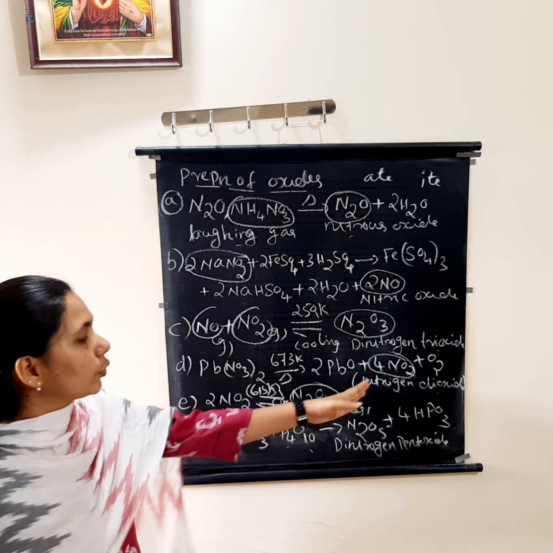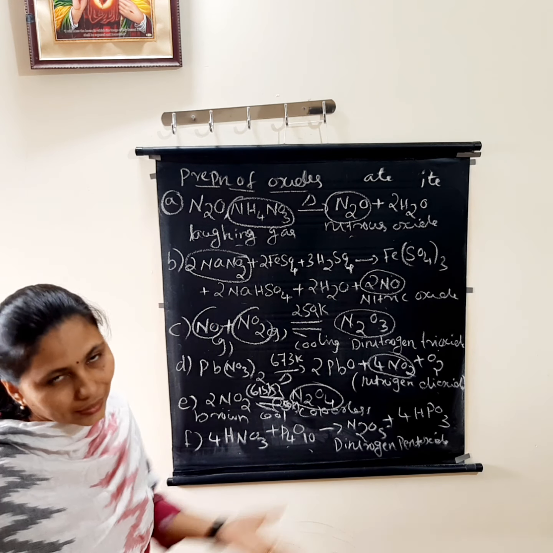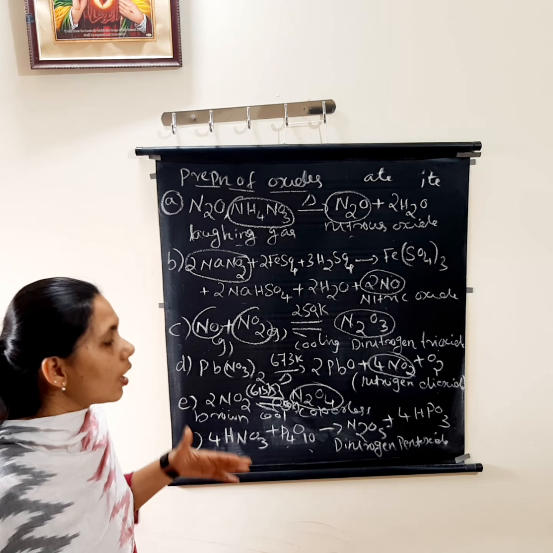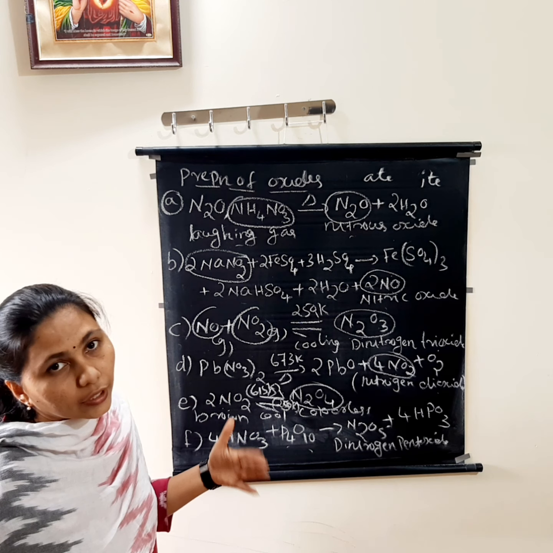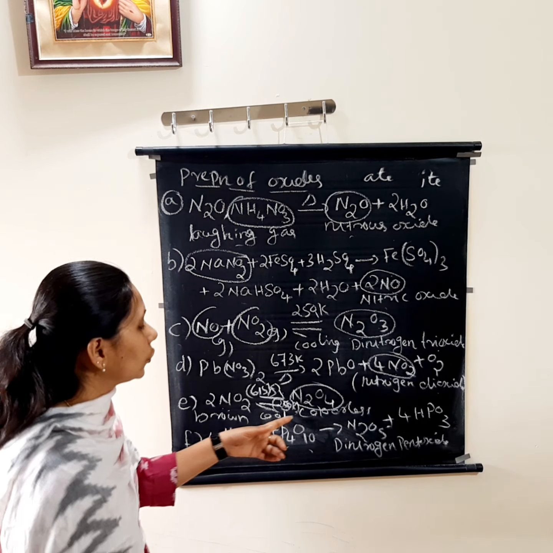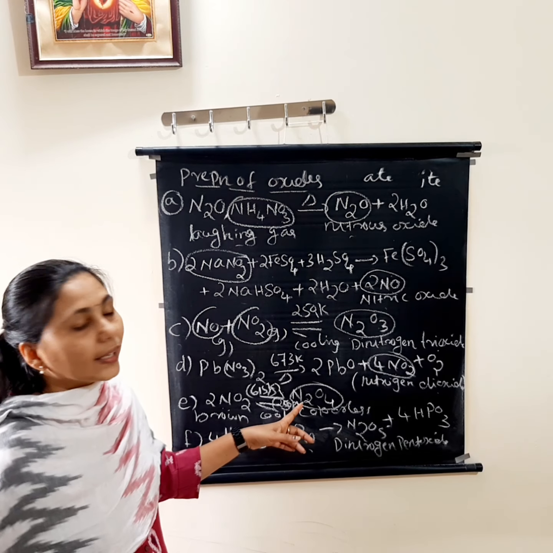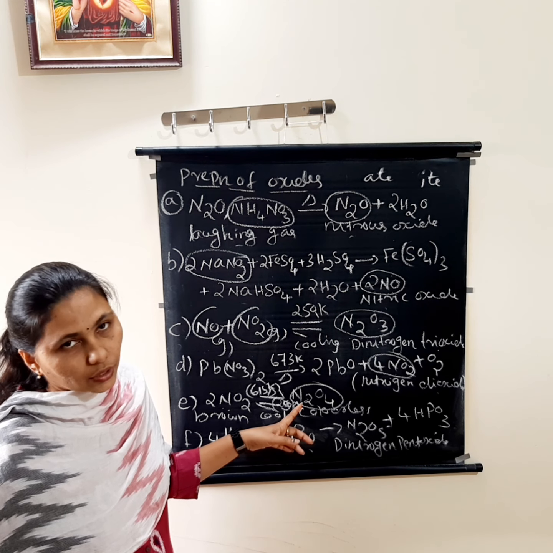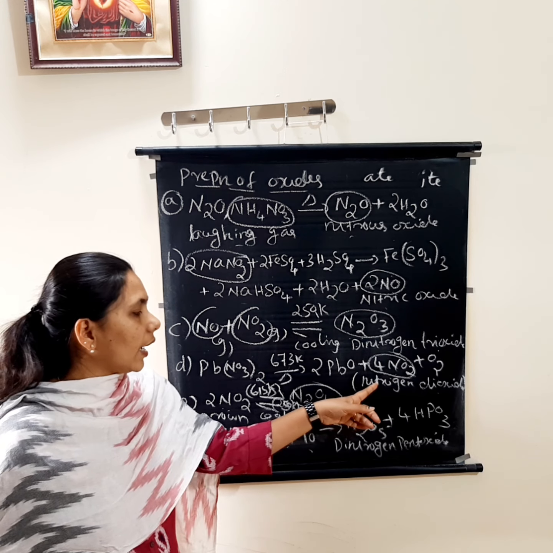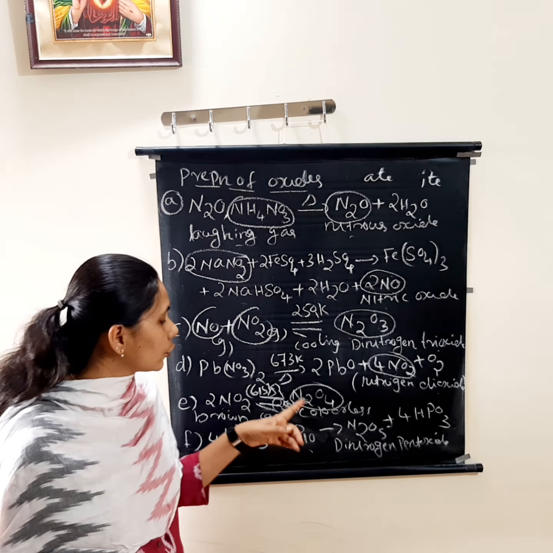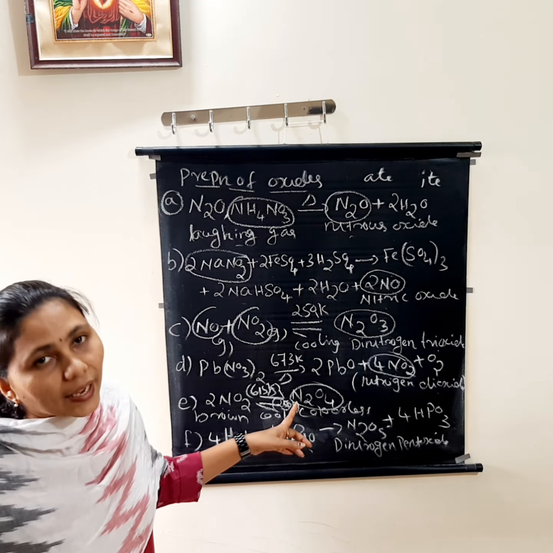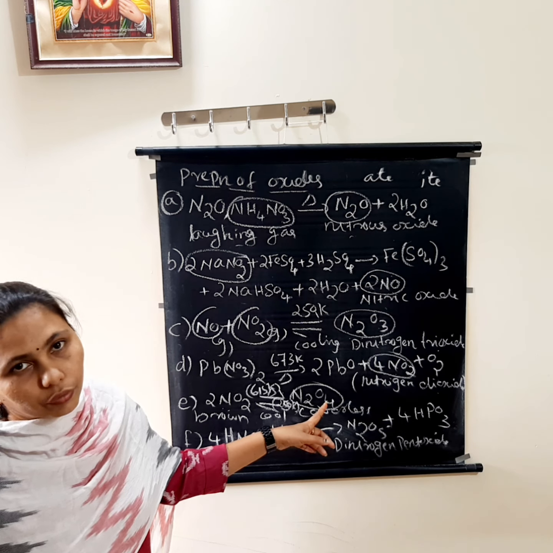NO2 is unstable, so it will undergo dimerization and be converted to stable N2O4. N2O4 means dinitrogen tetroxide. Here 2 nitrogen is there, that is why dinitrogen, and 4 oxygen, tetroxide.